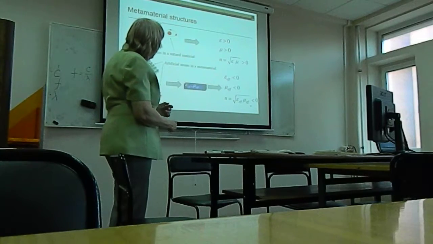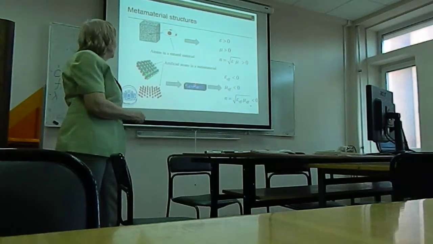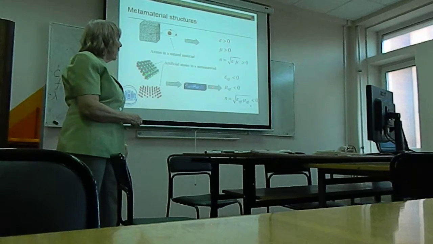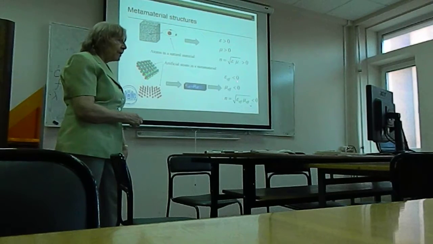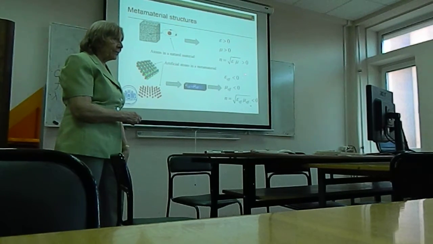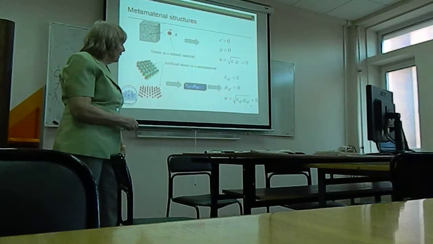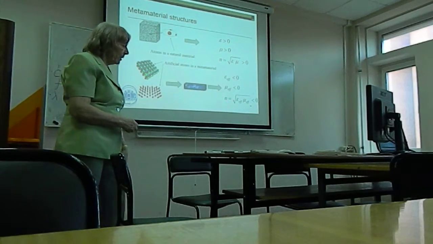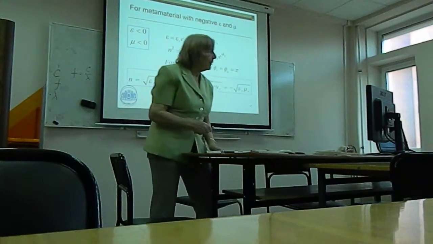And we can use effective parameters, effective dielectric permittivity and effective magnetic permeability. And in this case, these effective parameters are negative. Why? The refractive index is also negative. I will show you how we can explain this.